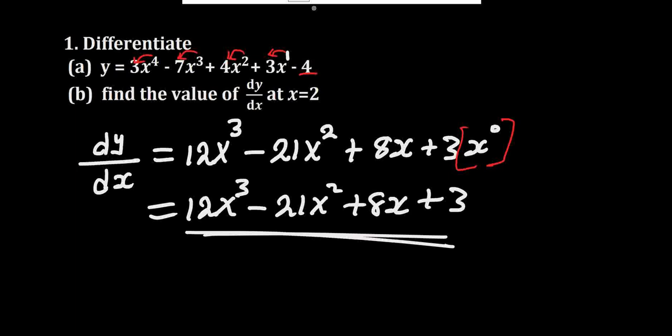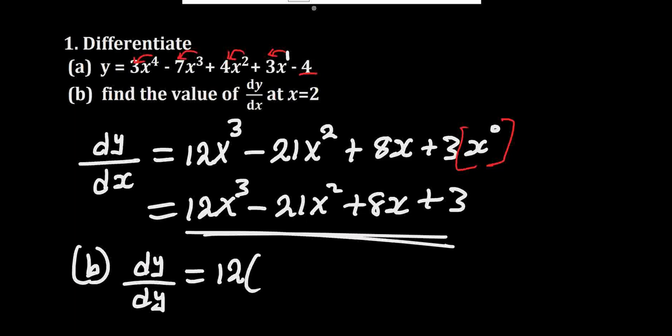Question B, find the value of the derivative at x is equals to 2. So all we have to do at this point is to write dy/dx is equals to, so now we have 12. So substitute 2 in the place of x.